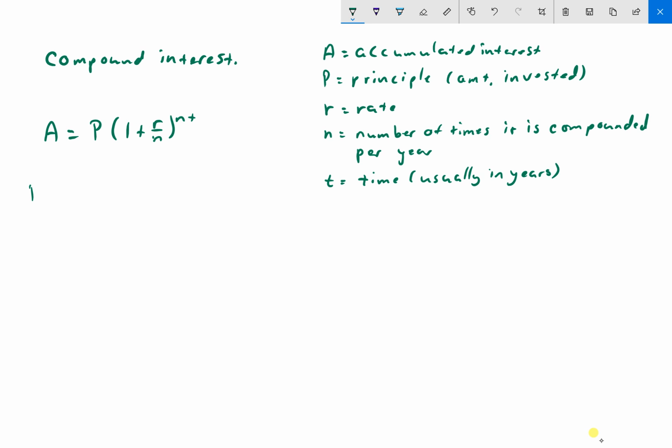So if you have $500, lucky you, and you put it into an account that has, well, actually let's make this a little more realistic.